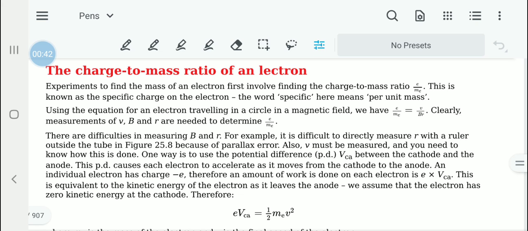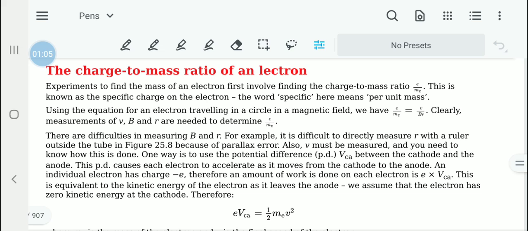That means the charge of an electron per unit mass. We need it because we need to figure out how much energy is transferred from one place to another. So these are all interconnected and are quite useful in our fields of study.